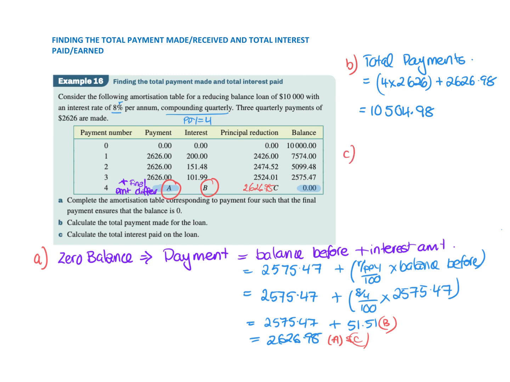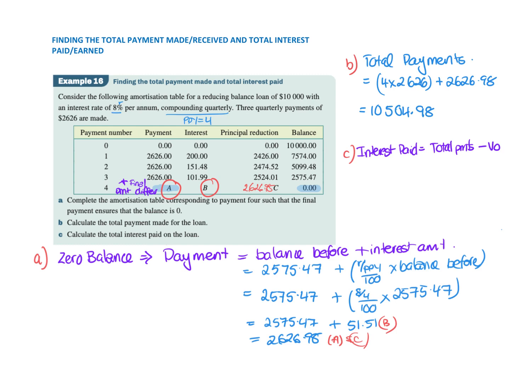So for the last question, it says how much is the interest? So interest is how much extra you got charged. So how much extra did you get charged to borrow this money? If you totally paid out $10,504.98, what would the interest be? Yeah, 504. So interest, let's just write that here. So the interest paid equals the total payments minus V0, or the principal.